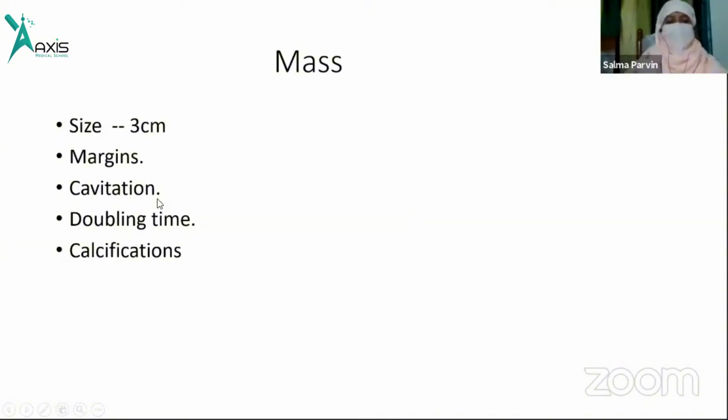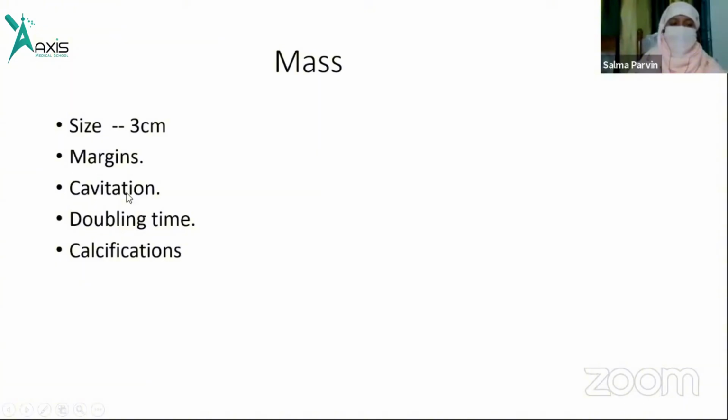There would be a cavitation, but again, I must remind you that smooth margins do not exclude the presence of a hidden malignancy.